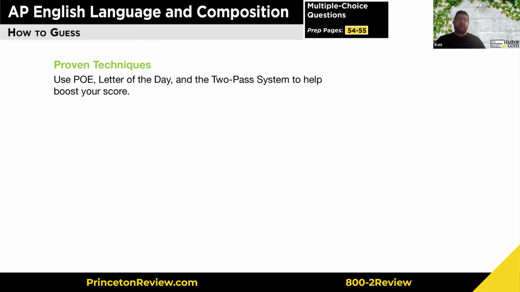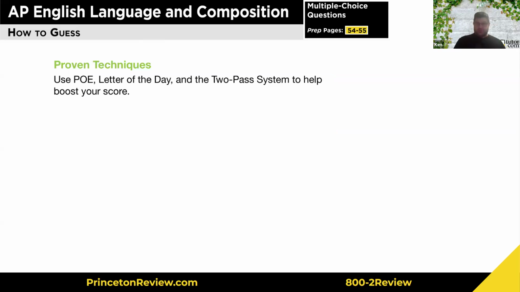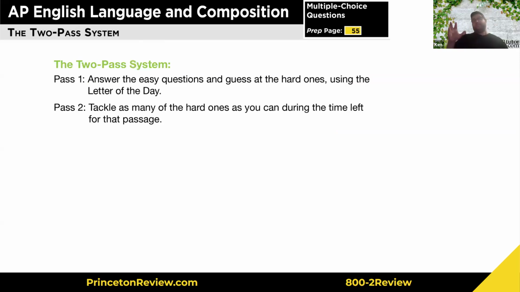So, in these multiple choice questions, we've already talked about how you should use POE to eliminate the three flawed answers. We've explained that you should put in a pre-chosen letter of the day every time you're going to guess. Let's talk briefly about this last thing, the two-pass system. For each section one, whether it's lang or lit, you should do the passages in two passes.